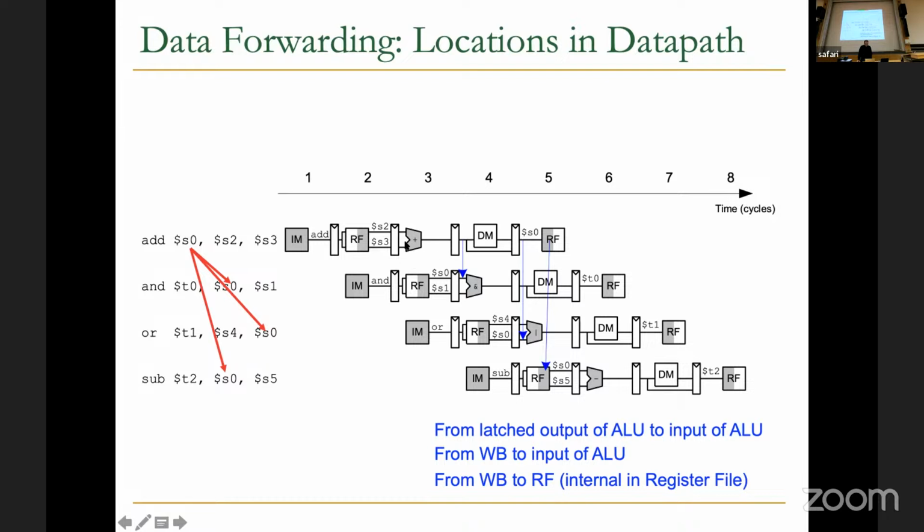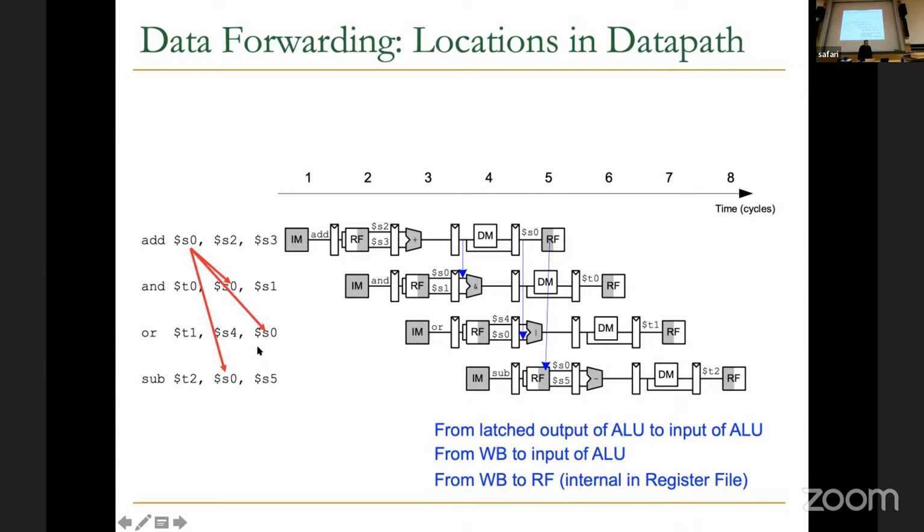After the execution stage, which you can consider the latched output of the ALU, or the beginning of the memory stage, here you have the result. So if you make a forwarding path such that you can communicate this value from the latched output of ALU to the input of ALU, then this instruction can operate without any stall, and with a true value.